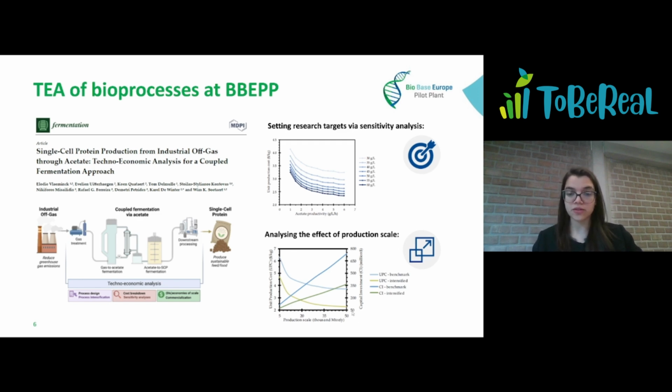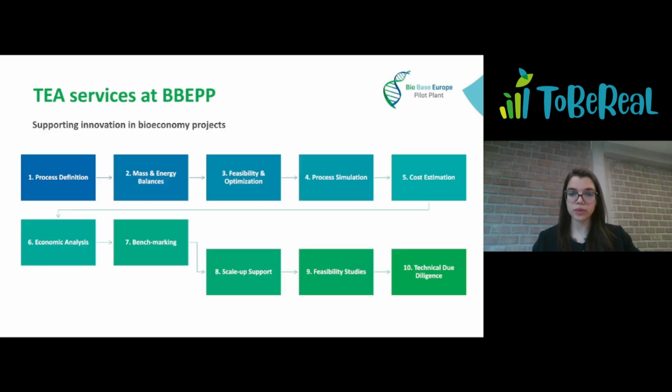So, and then you can find what is the optimal production scale that you should target based on market constraints as well, and your process. So these are two examples, and in Biobase, we can support you throughout these steps.